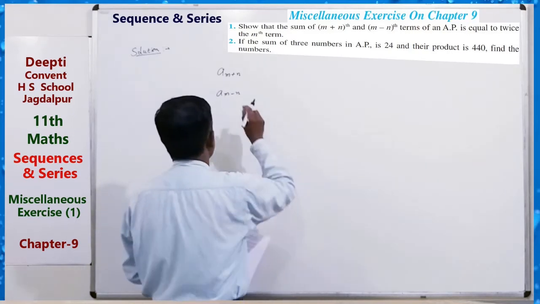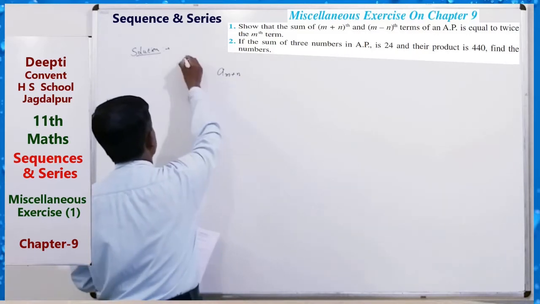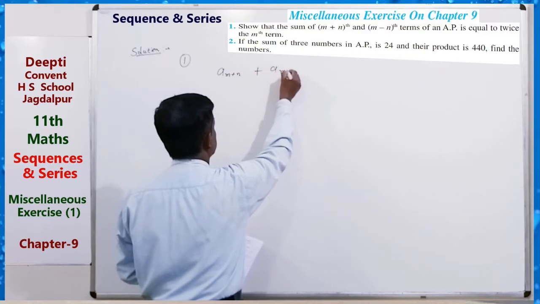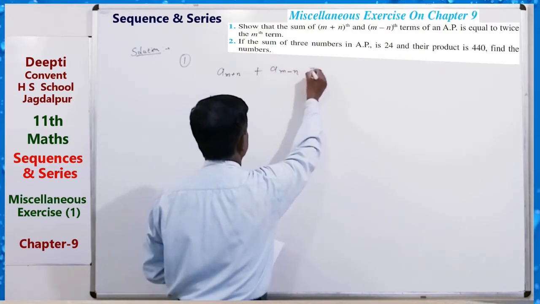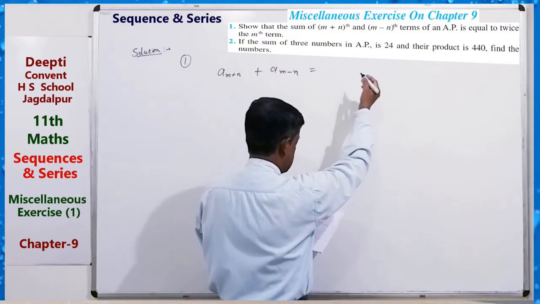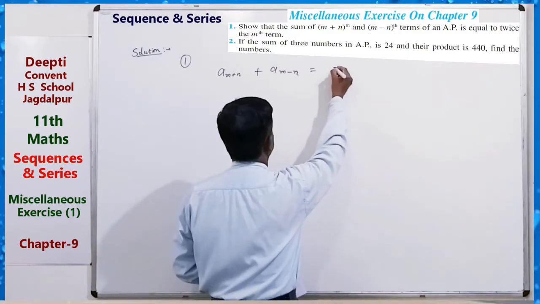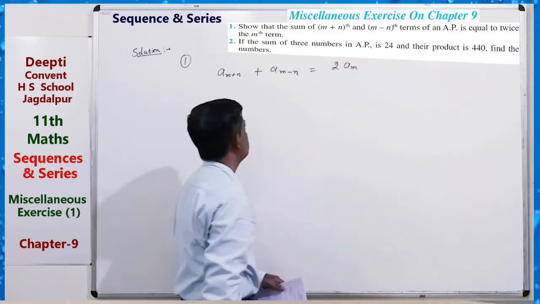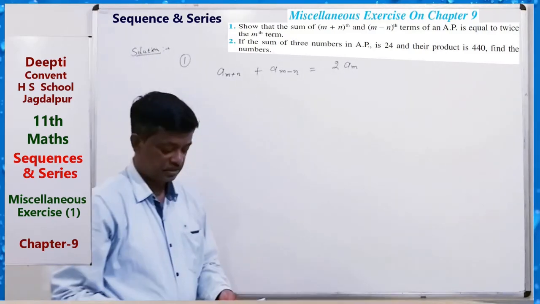the sum of this, equation 1, sum of this and this is equal to what? Twice the mth term. Just we have to prove like this.